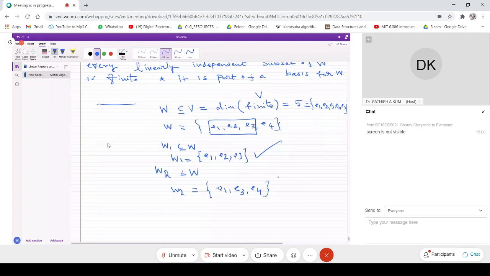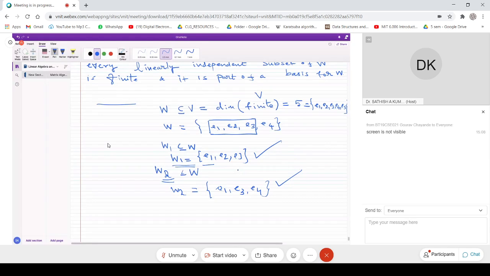So if these are true, then one can say that whatever W1 you choose, it is a basis for W. And similarly, whatever W2 you choose, if these vectors are linearly independent, then it is a basis for W2. Then one can have a dimension for this W also. So that is the meaning of that.